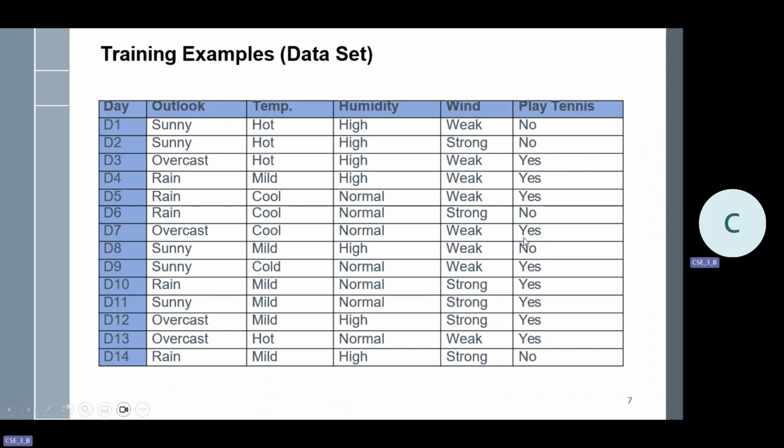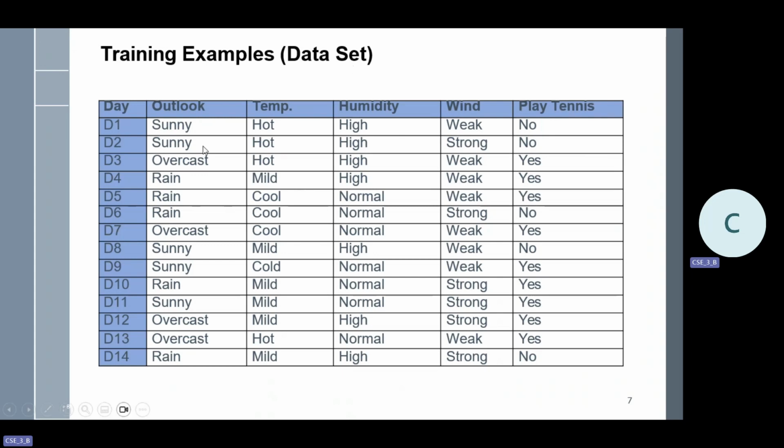For example, whenever we are going to construct a decision tree, we need a training set, or we can also say a labeled set. Here we can observe the instances; altogether there are 14 instances, and each instance has certain attributes. In this case there are 4 attributes, and all the attribute values are of discrete type. At the last we have a target, that is the label, no or yes.